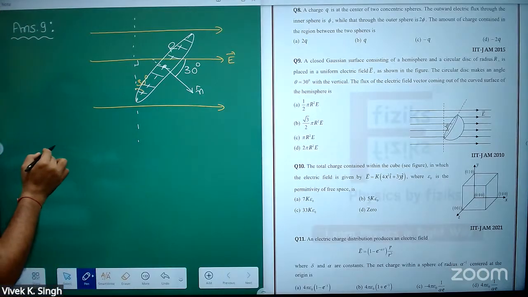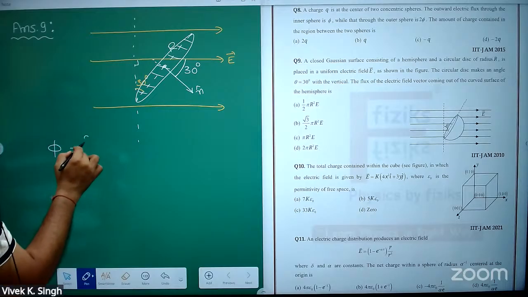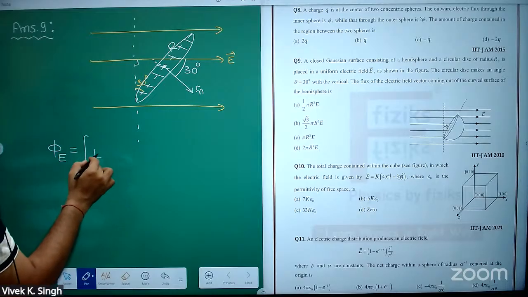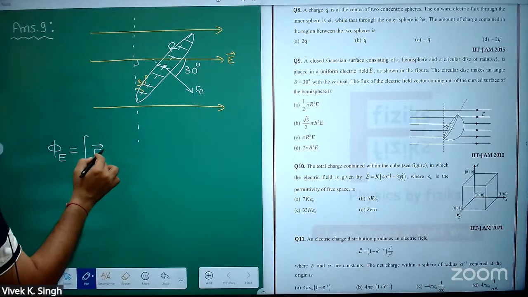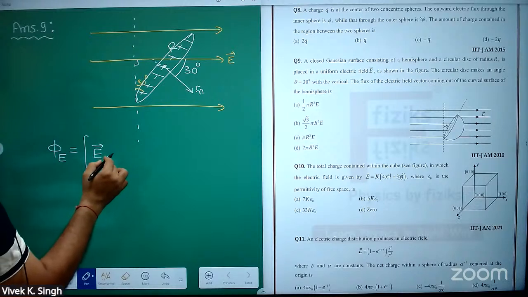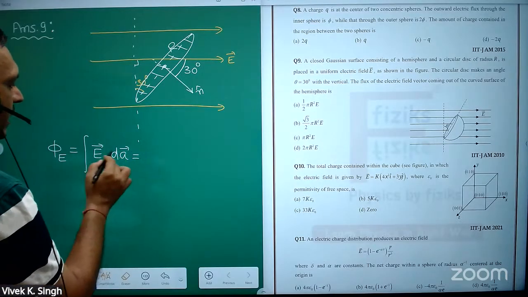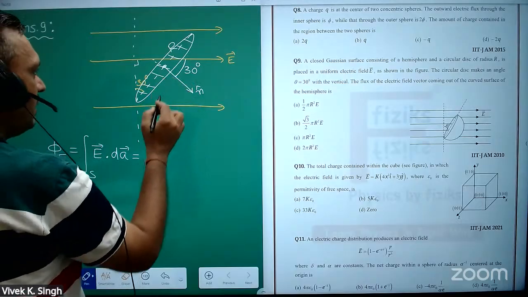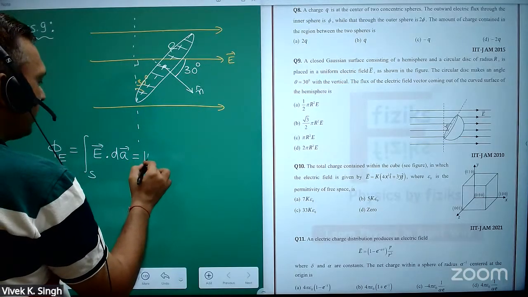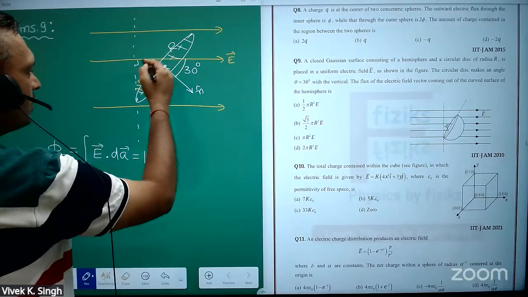So what will be the electric flux? This is given by E dot dA. E and dA have an angle of 30 degrees. So this will be given by the magnitude of E times dA, because the area is fixed.